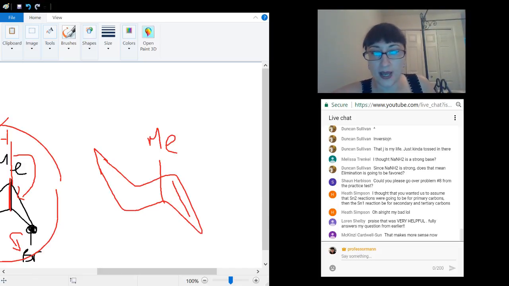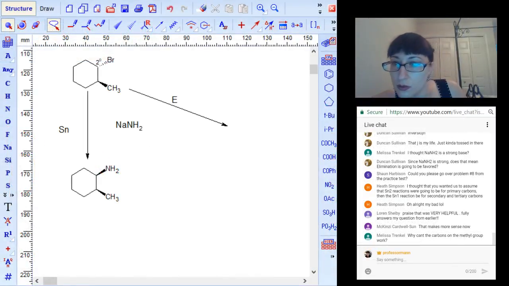So if I go back to Melissa, count them. Those are beta carbons, not alpha carbons. Has to be in that next position over.